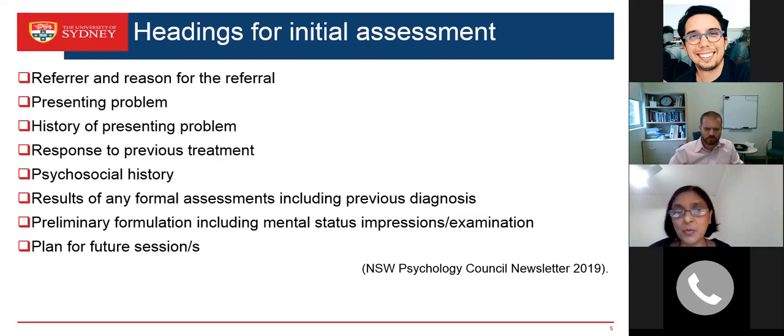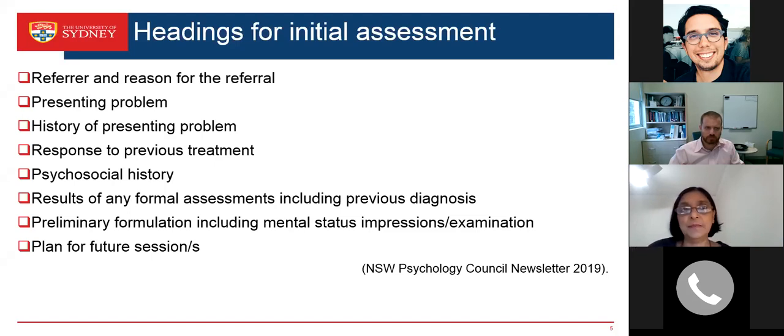What assessments do I want to know about, and why would that be relevant? And the next heading is, after an initial assessment, I'm probably starting that process of formulating, trying to understand what's going on and why might it be happening, and then what my plan will be for any subsequent sessions.